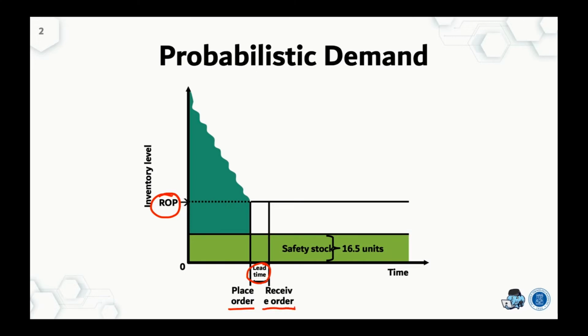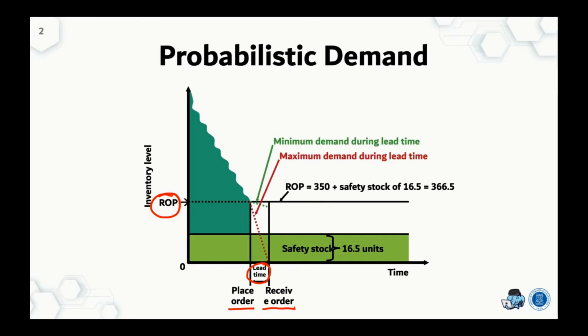the order. During the lead time, there is a possibility that the demand is much higher than the pattern before, following this red line. Or the demand could be much lower than the pattern before.